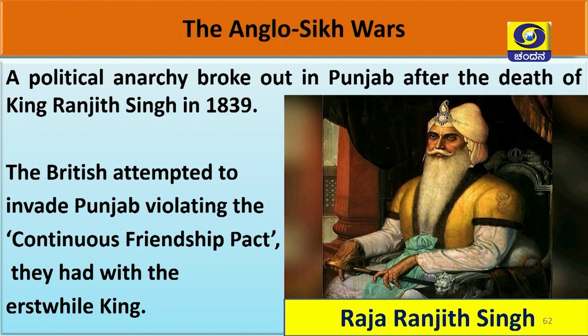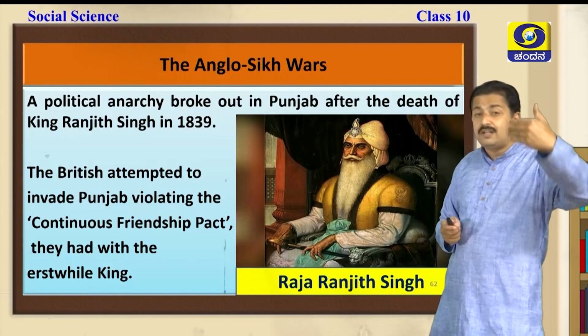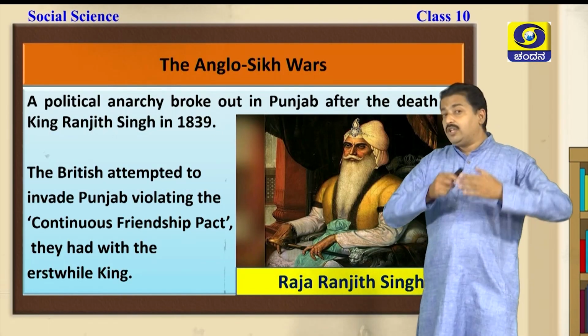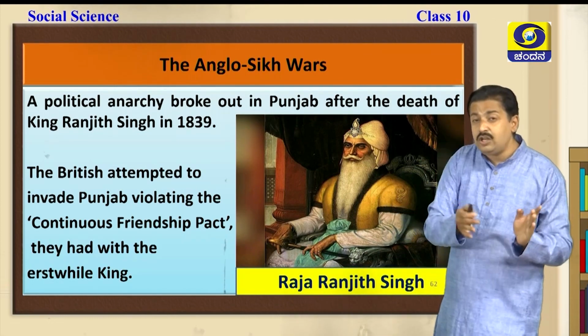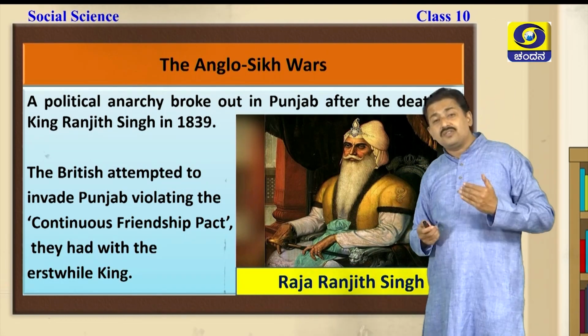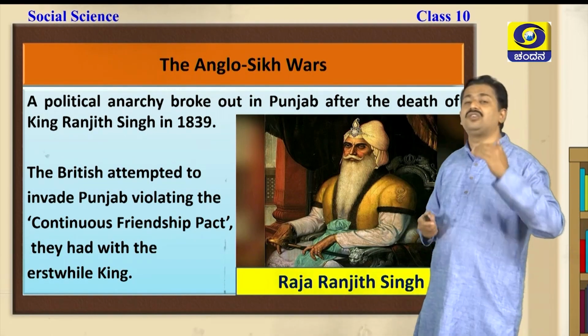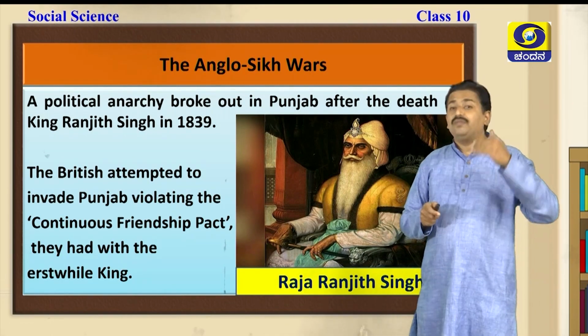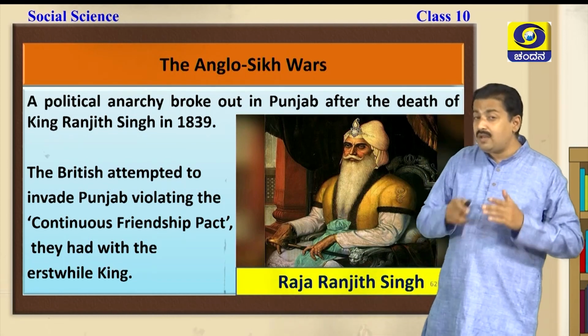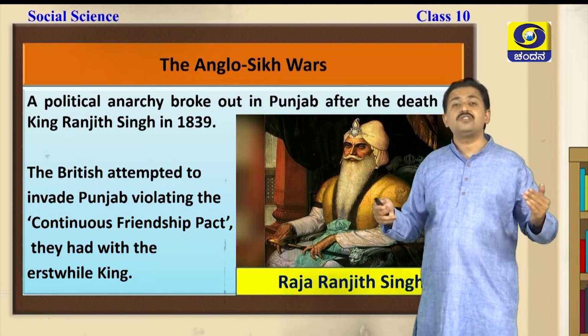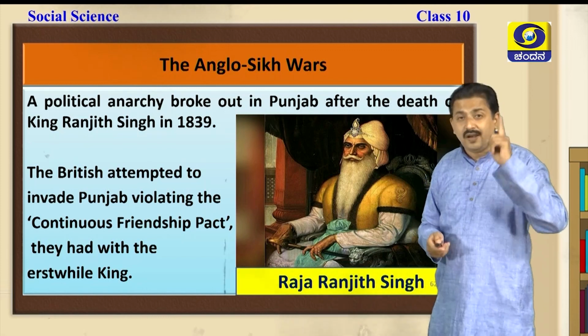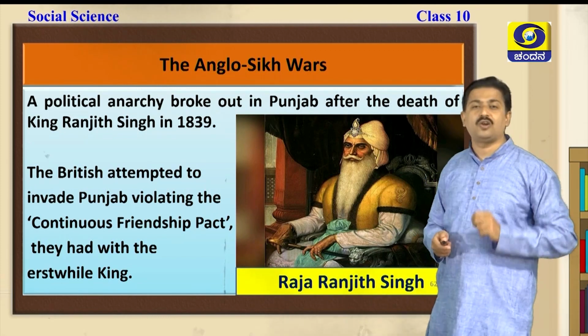But after his death, the British attempted to invade Punjab and also tried to dominate and influence the administration in Punjab. They even violated the continuous friendship pact which was signed with the erstwhile king Raja Ranjit Singh. Therefore, this violation of the friendship pact by the British led to the two Anglo-Sikh wars.